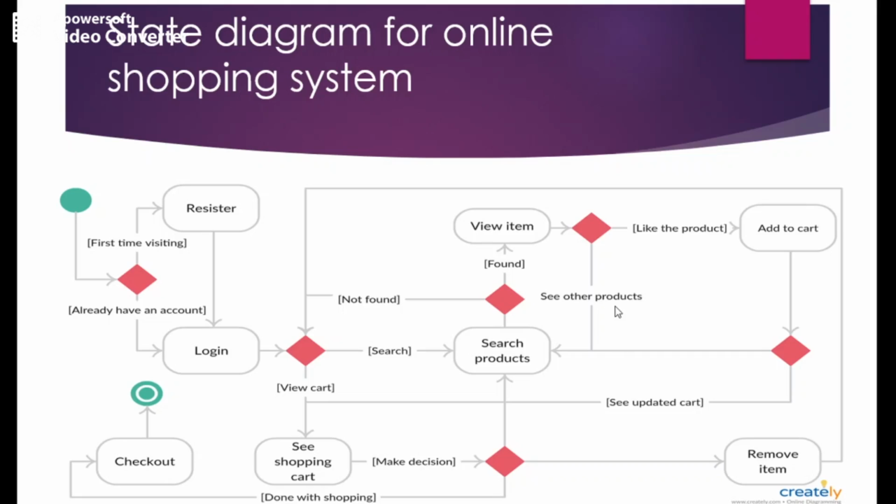So how will you see other products? Again, you are moving back to the search product state. So if you want to see other products, you have to move back to the search product state. Okay, clear?